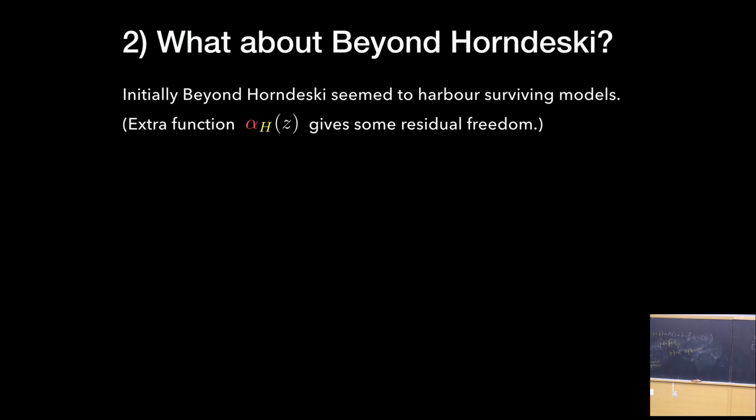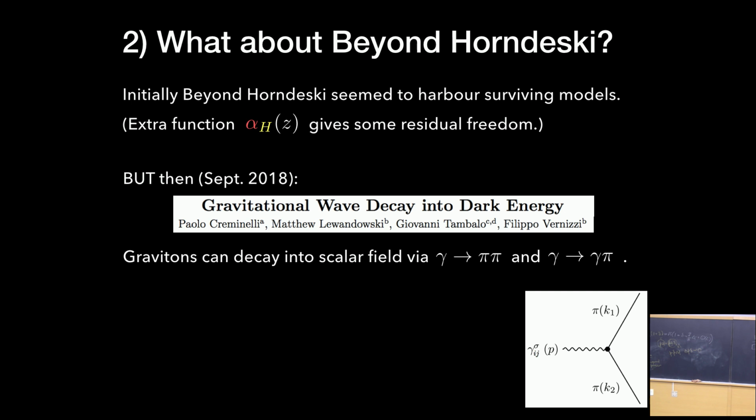However, just a few months ago, a team from Paris put out this paper in which they show that in this beyond Horndeski extended family, most theories are unstable to graviton decay. What that means is basically your gravitational wave, we usually call it gamma, comes along and will decay quite rapidly into particles of your scalar field, bosons of your scalar field, which we call pi.